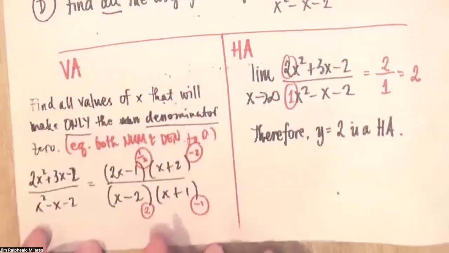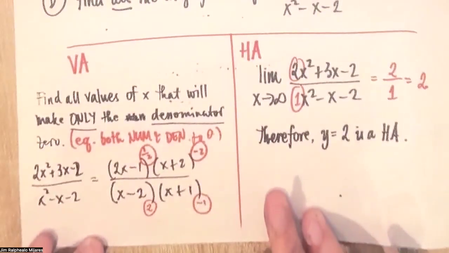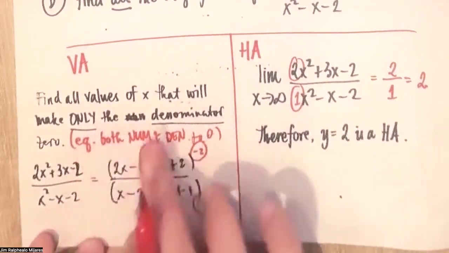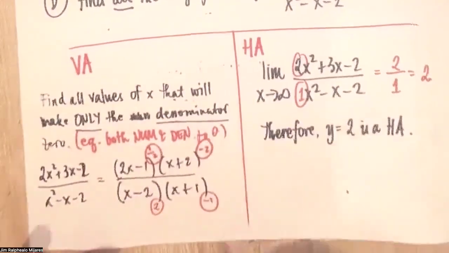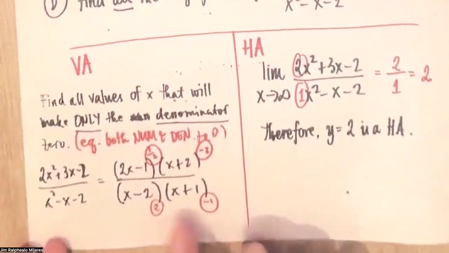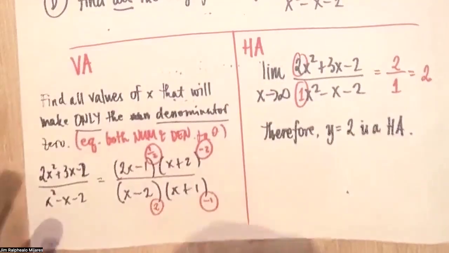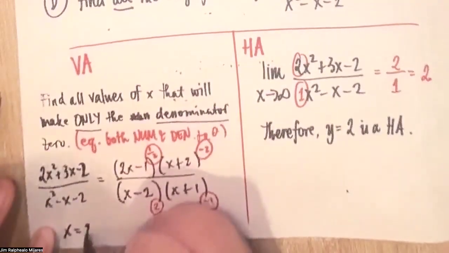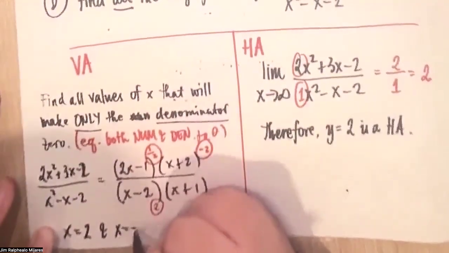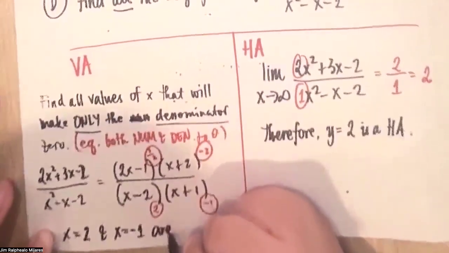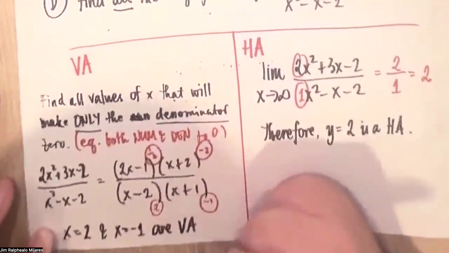Are any of these common? No, right? So what are the values of x that will only make the denominator 0? The answer is 2 and -1. So the final answer is x equals 2 and x equals -1 are vertical asymptotes.